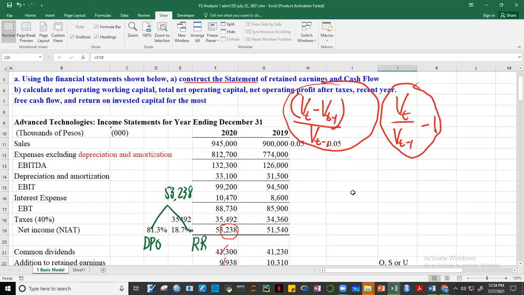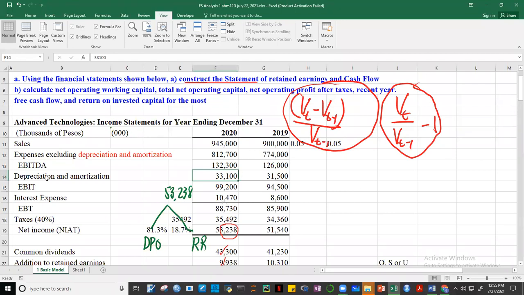We said that there are two possible adjustments. The first adjustment is in case we have items added to the income statement that resulted in this 53,238 which are non-cash, we should subtract them. If we subtracted items that are non-cash, we should add them back.